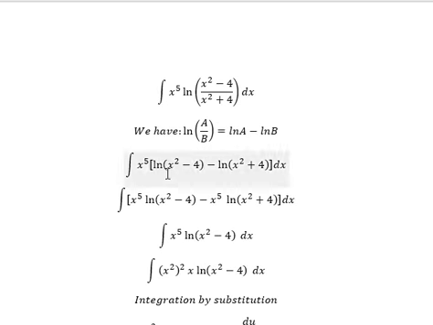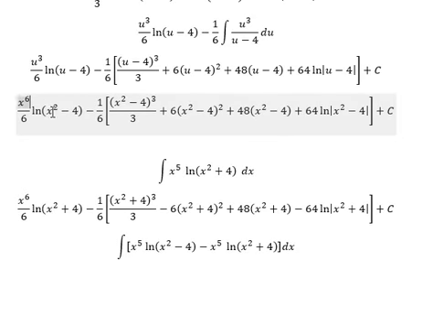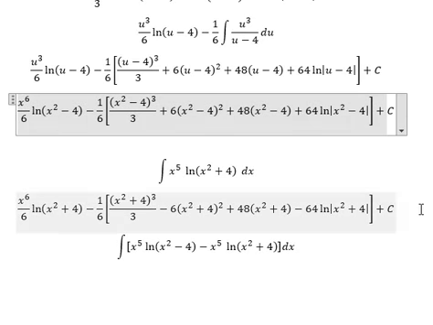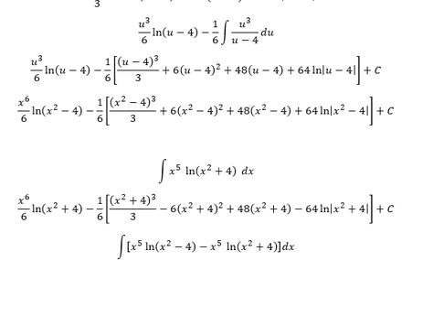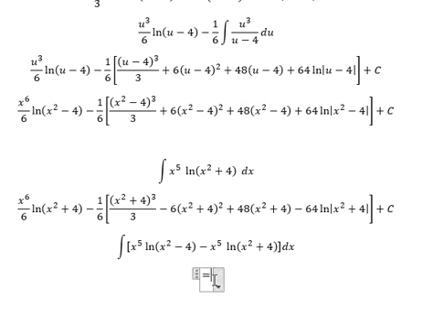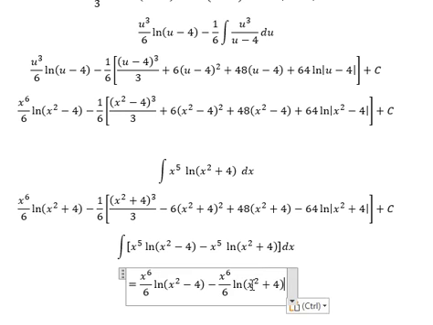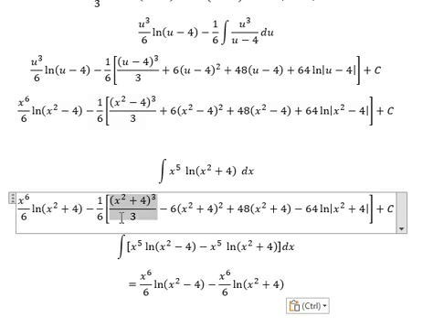Now we have this one in here. So that means this one minus this one. So we have this one minus this one. This one minus this one, you get 0.